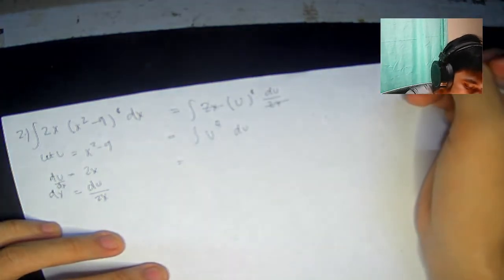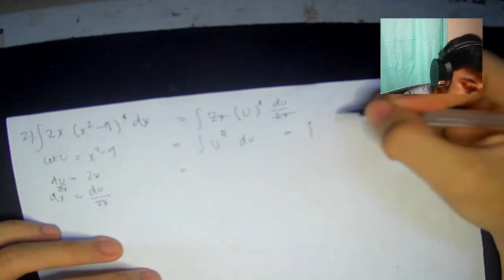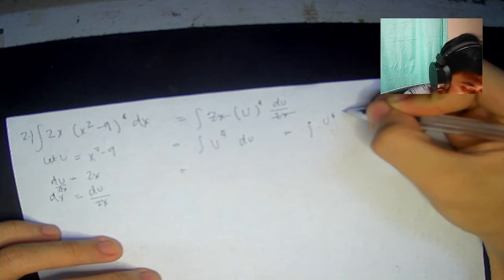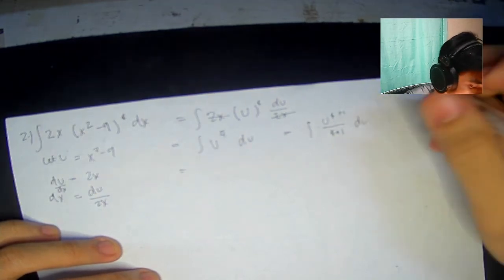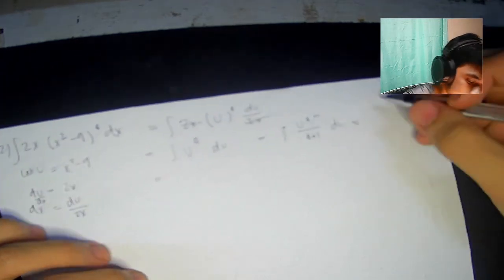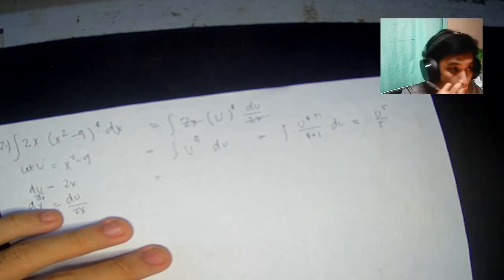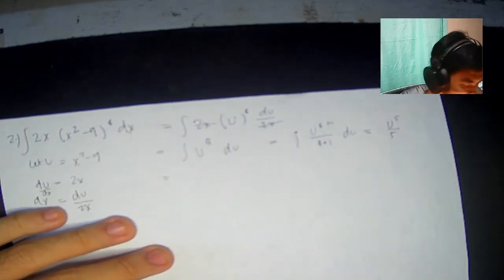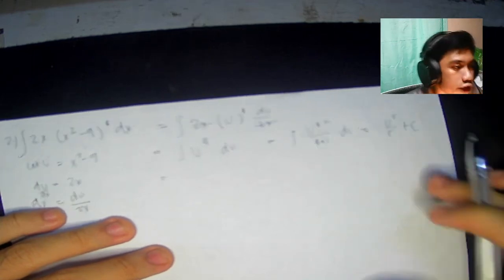But before we substitute, we can integrate it first. So u to the 4 plus 1 over 4 plus 1 du equals u to the 5 over 5. So we have our constant. Never forget to add our constant.